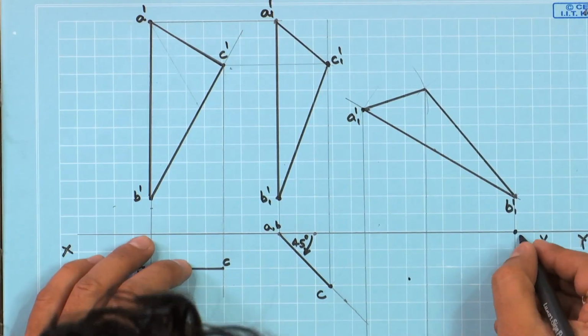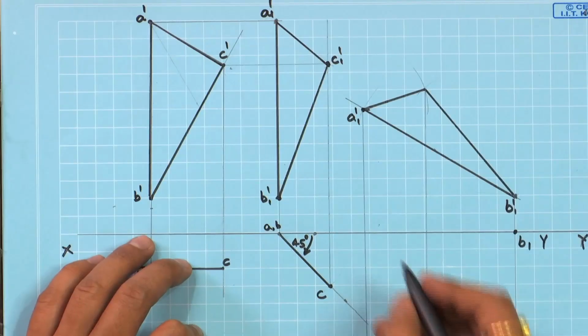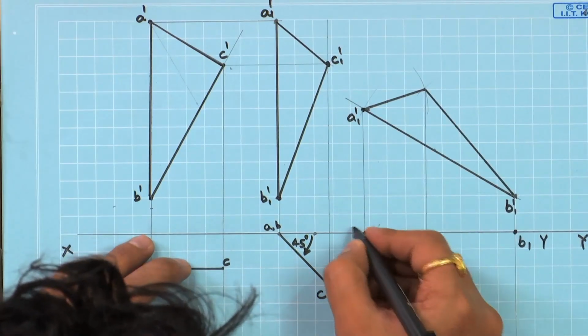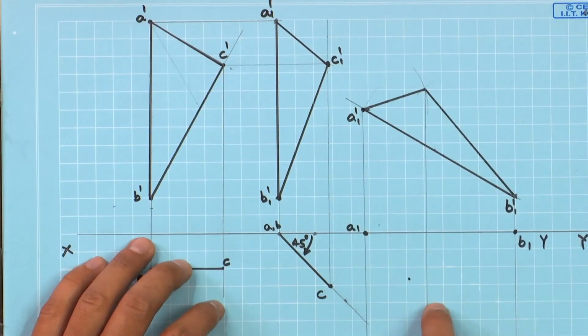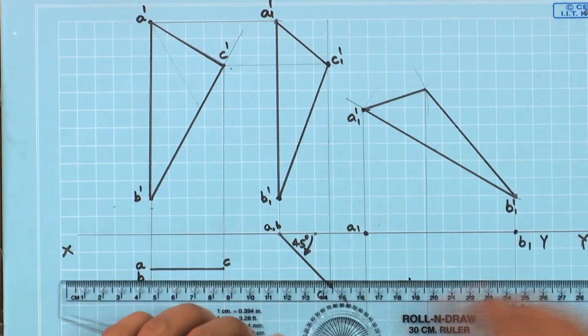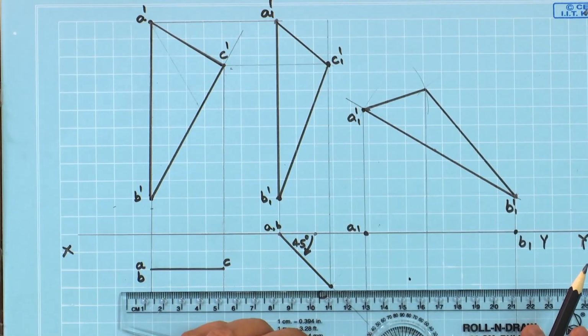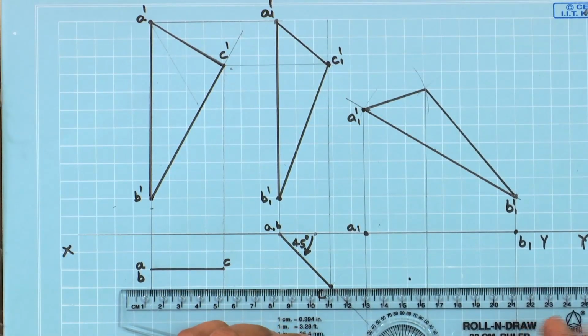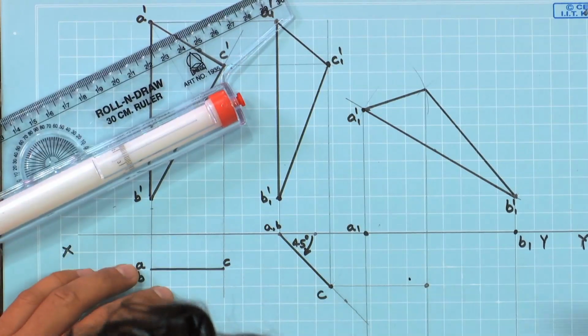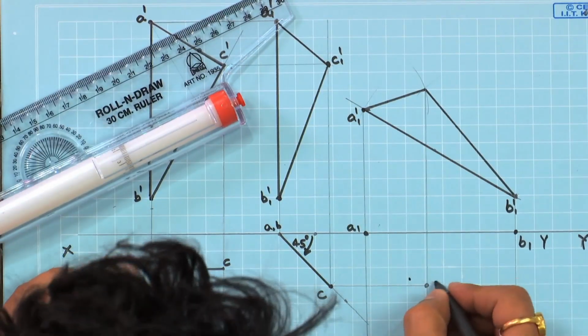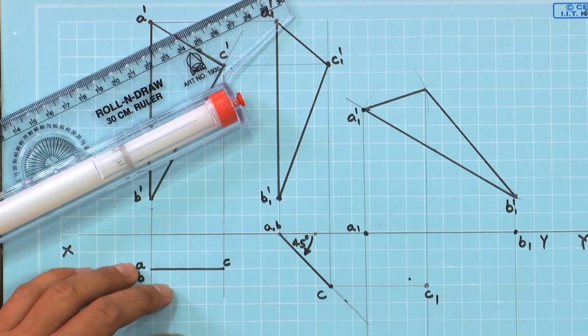So, this one maps to B1 and this point maps to A1 and this line maps to the locus if we are constructing from C, this point let us call C1.